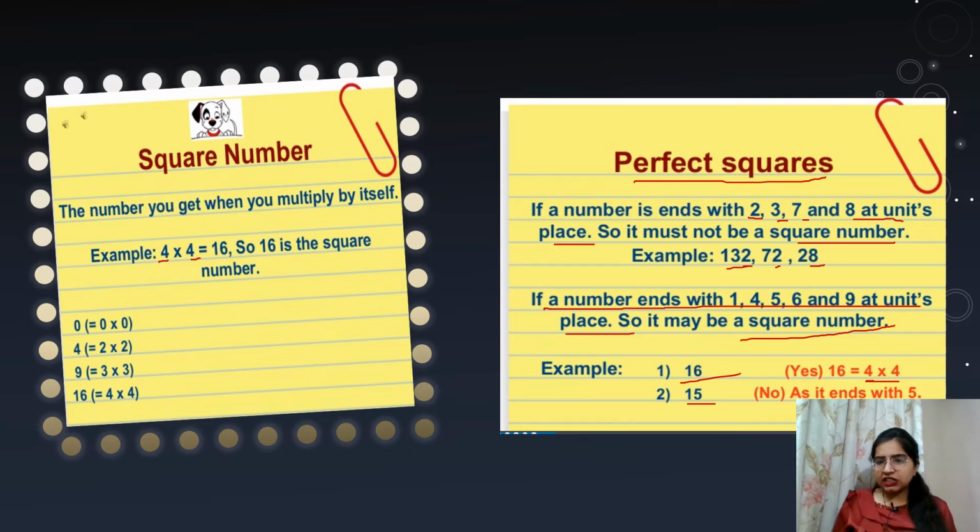No, because it ends with digit 5, so it's not a perfect square. This is exceptional. I told you if a number ends with 1, 4, 5, 6, 9 at the units place, it can be a perfect square number, but you have to check in the case of 5 and the others.